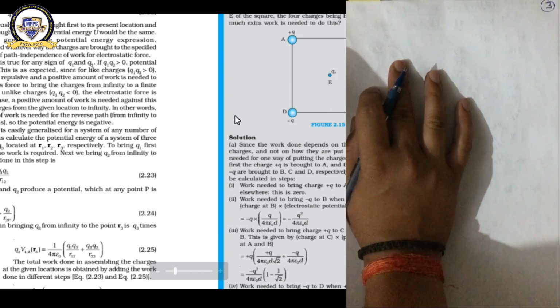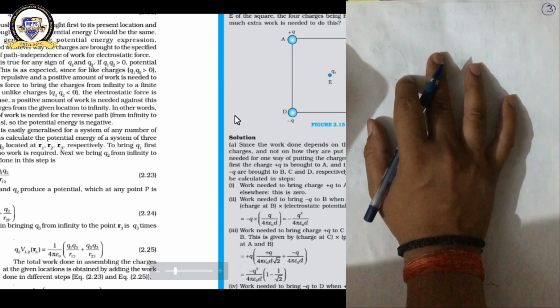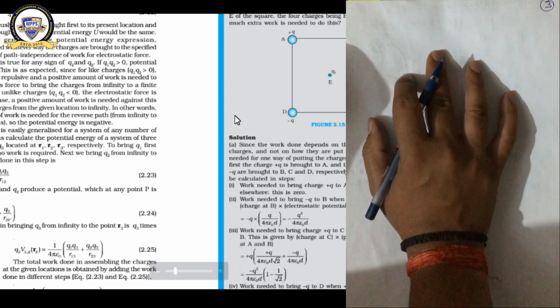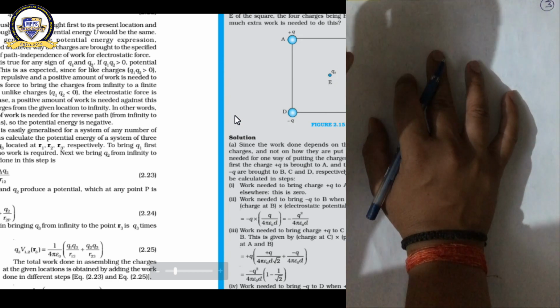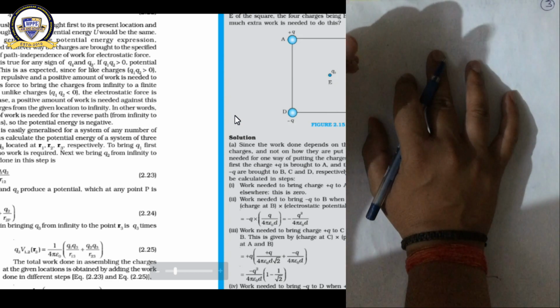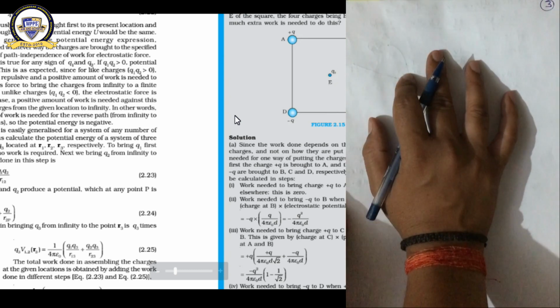Now the next topic is work done in moving a test charge along a closed path in an electric field, that is, the conservative nature of the electric field.